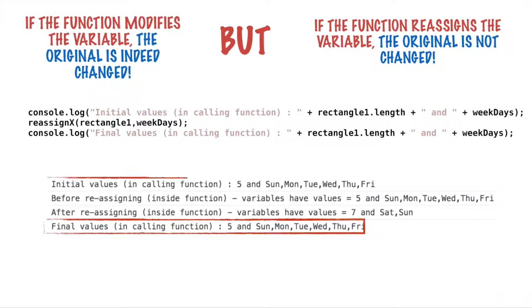The original values after reassign x is called remains the same as the initial values. You can do a comparison with the two highlighted lines on screen. The rectangle length continues to be 5 outside reassign x, and weekdays array continues to have Sunday through Friday as the elements. Reassignment does not modify the original objects.